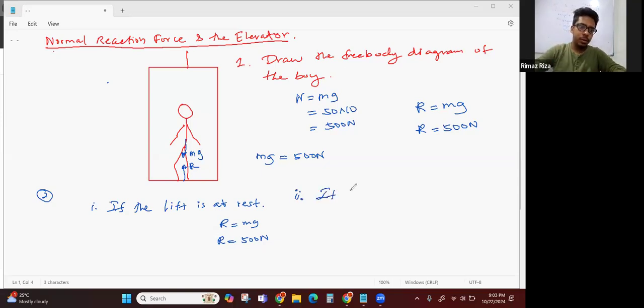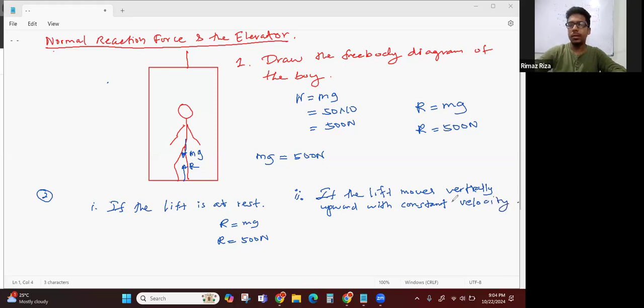If the lift moves vertically upward with constant velocity, what happens?